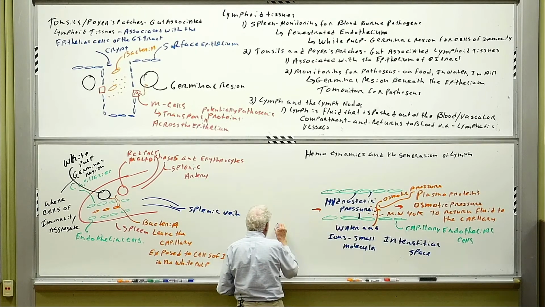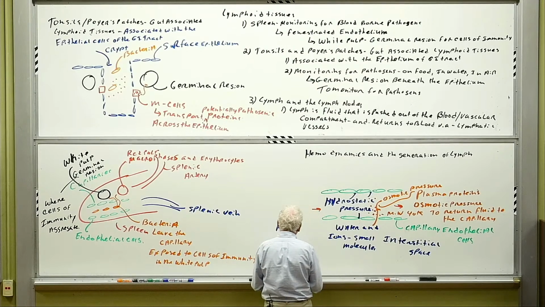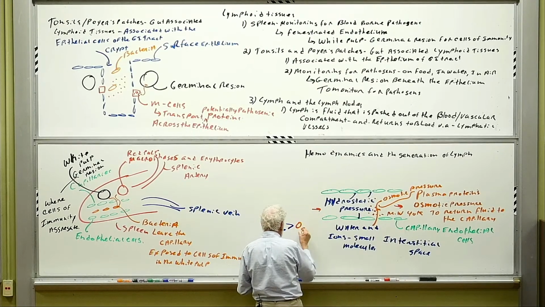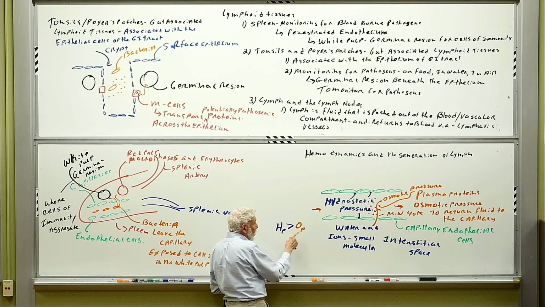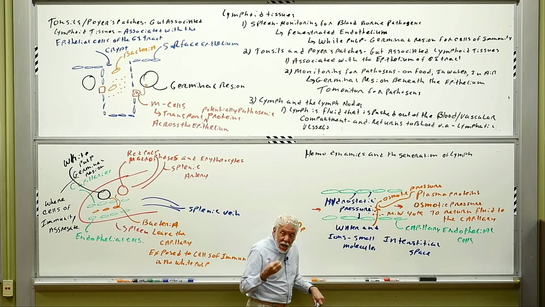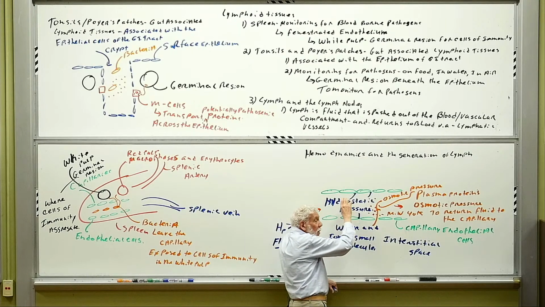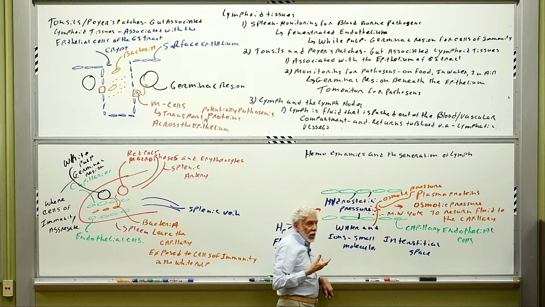Now the hydrostatic pressure, we'll say H, hydrostatic pressure, is greater than the osmotic pressure. Well, if the hydrostatic pressure is greater than the osmotic pressure, we're going to get a flow. So there's a net movement of fluid from the blood vascular compartment, from the capillary, out into the extracellular space.